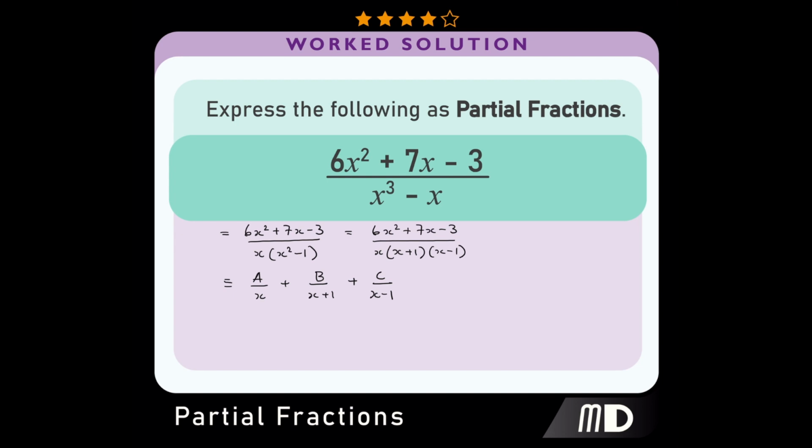Now the next step is to find a common denominator, and we're going to do that by multiplying a by the denominators of b and c, b by the denominators of a and c, and c by the denominators of a and b.